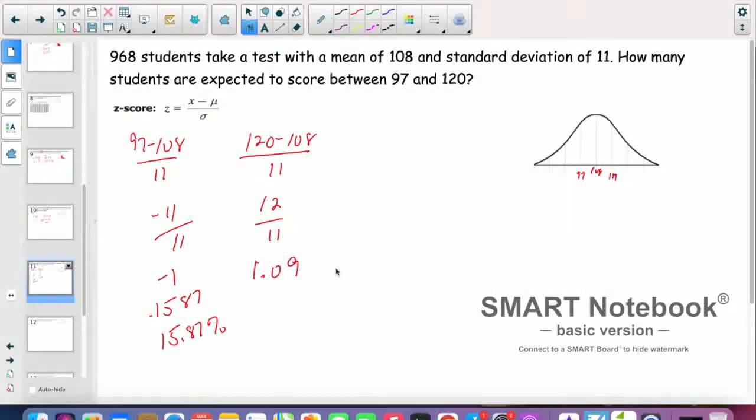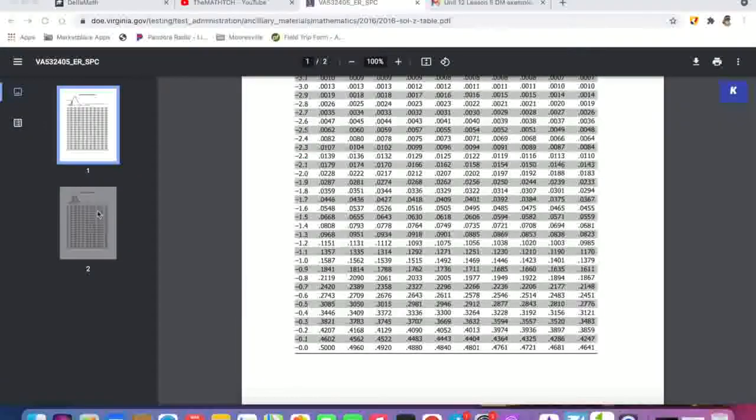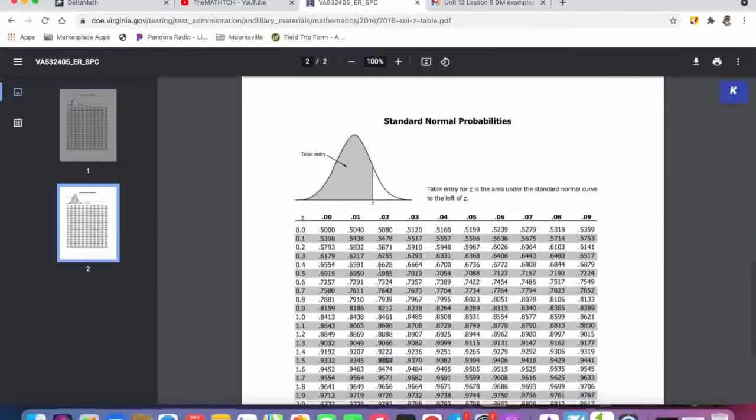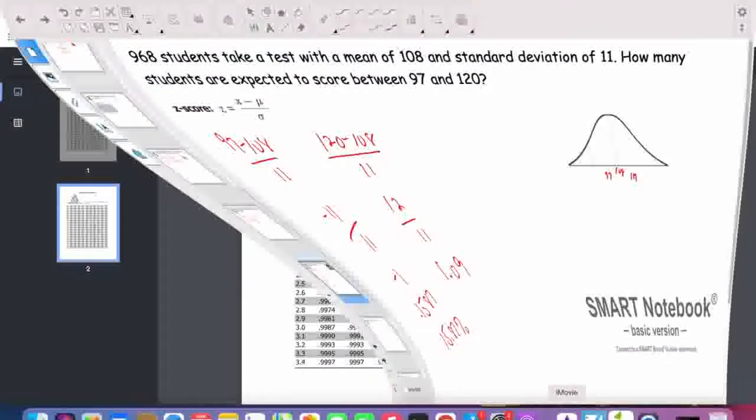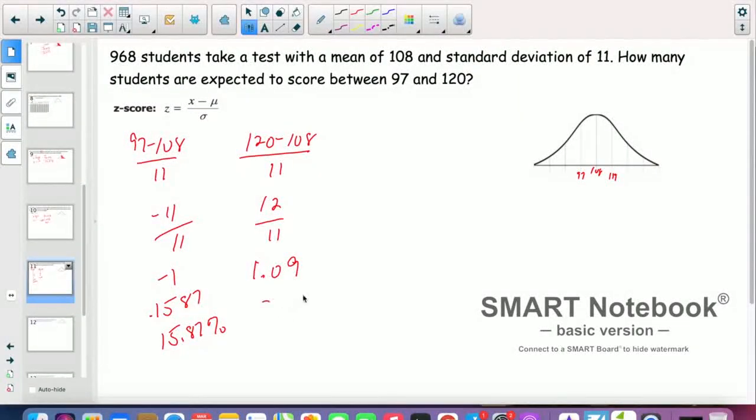And then if I look up the 1.09, on the positive side, 1.09 would be right here. That's 0.8621, so that's 86.21%. 86.21% of the data is below 1.09.